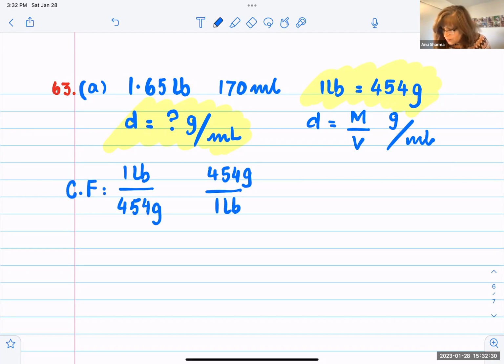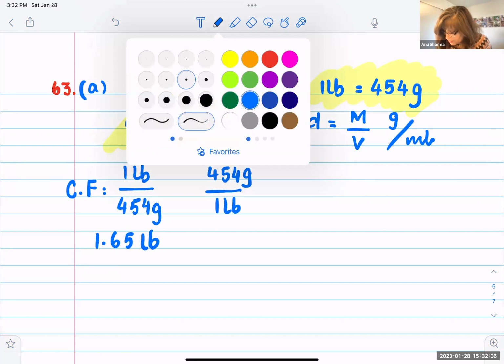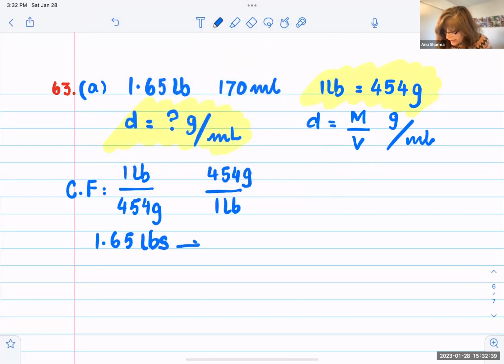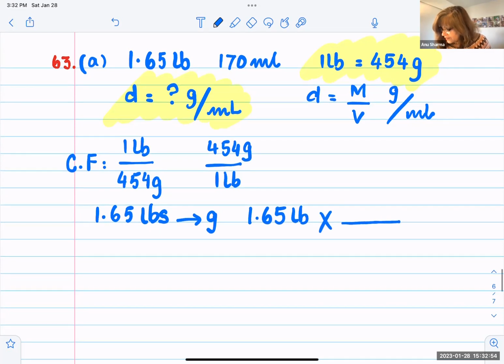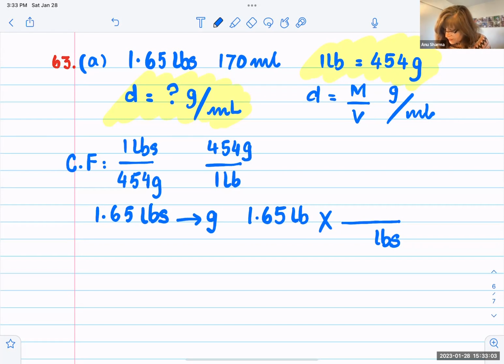So which one will we use? We are going to convert 1.65 pounds to grams, because the question is asking for grams per milliliter. So how will we do this? We write 1.65 pounds multiplied by the conversion factor where the pounds are in the denominator and the grams are in the numerator.